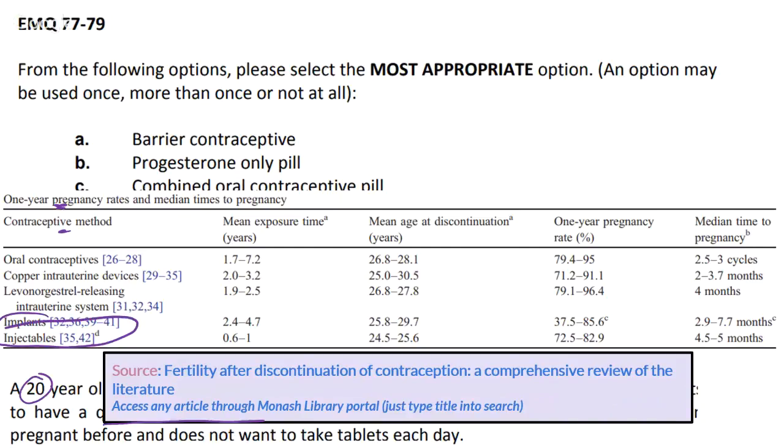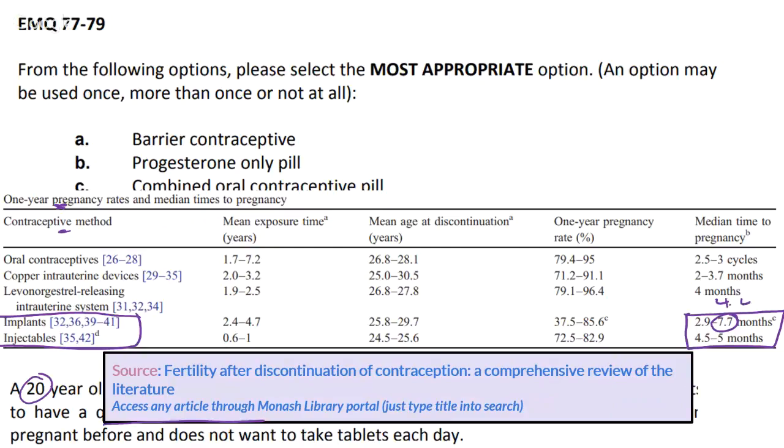We're comparing these two, and really the return to fertility is comparable. The reason this is 7.7 months is that one study alone had an abnormally high return to fertility. If you exclude that study, it would go down to 4.4 months.